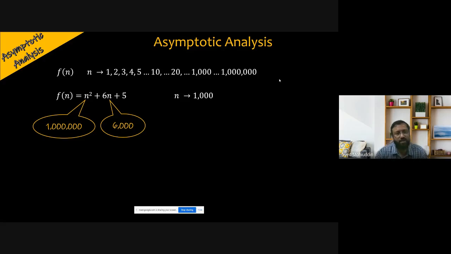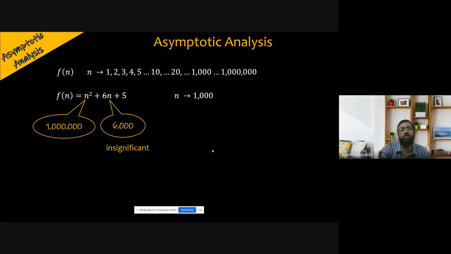Not only 5, when we have 6,000, let's say, adding it when n is 1,000, adding it to 10 lakhs or a million, I would say adding 6,000 to a million also is insignificant there. It doesn't make much difference. So adding 5, adding 6,000, it's insignificant when the value of n is very large.